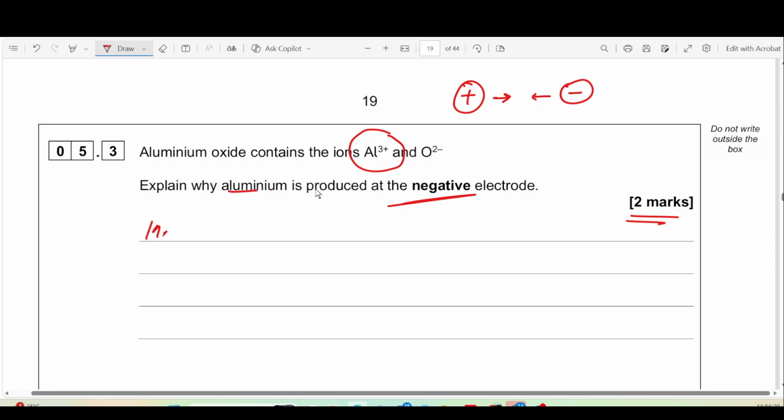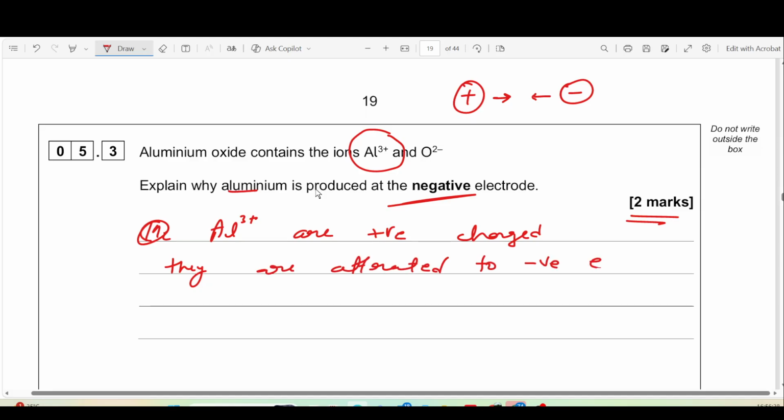You will write: Al3+ ions are positively charged and they are attracted to the negative electrode because opposite charges attract. Okay.